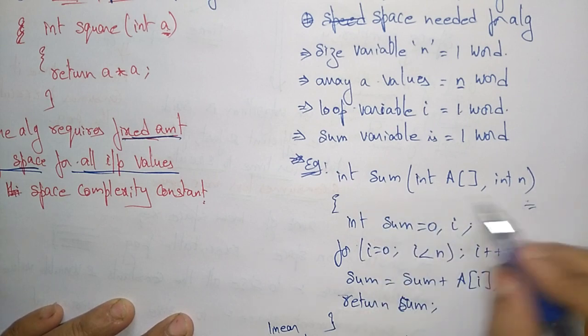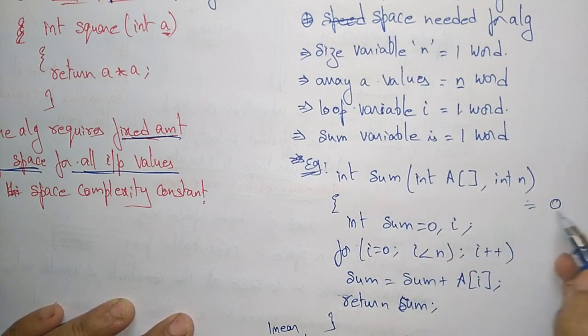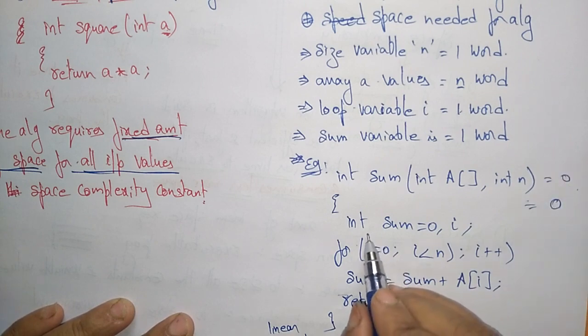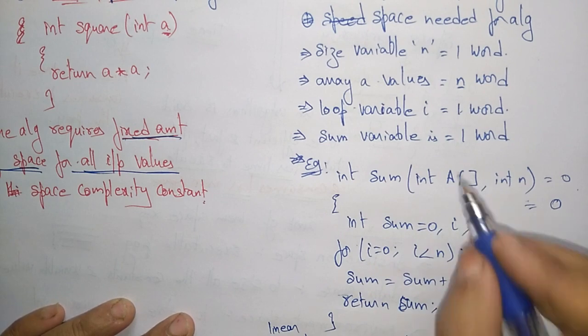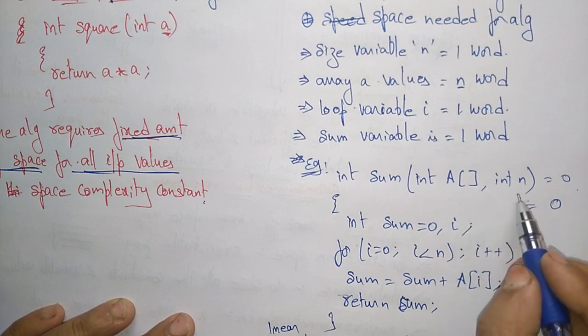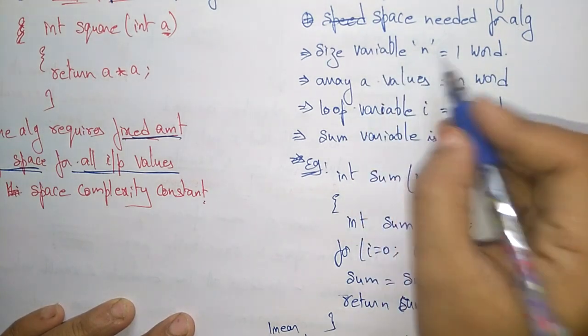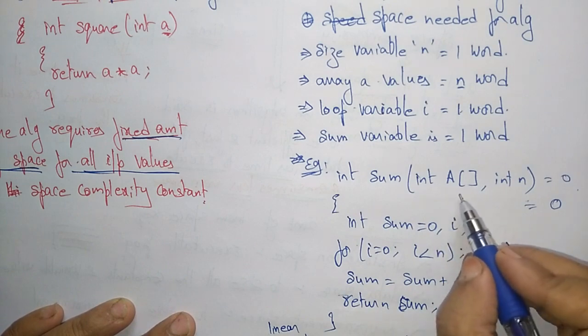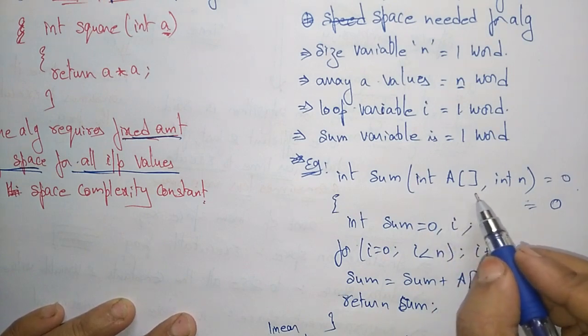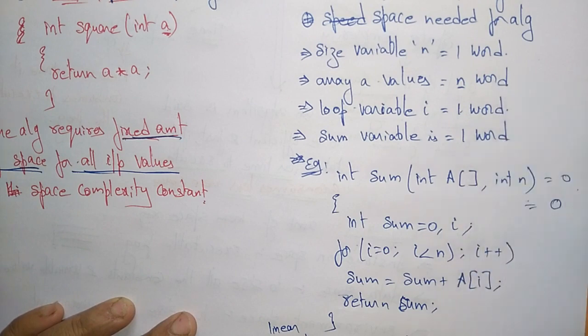For comments and braces, the space complexity will be 0. The space needed for the size variable n is one word. And the array a of values, you have to take n words.